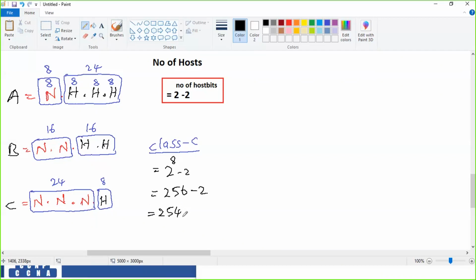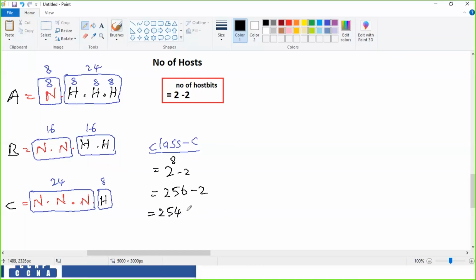What is 256 then? 256 is the number of hosts, but 254 is the usable host, valid host. So out of 256, can we use 256? No, only 254 can be used. 2 IPs are minused.